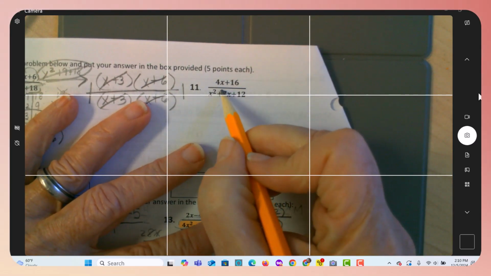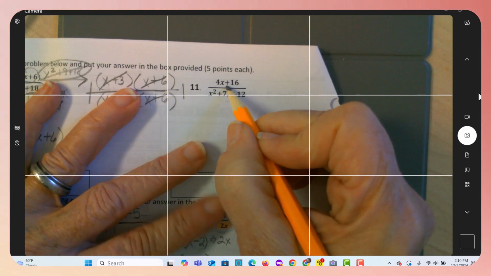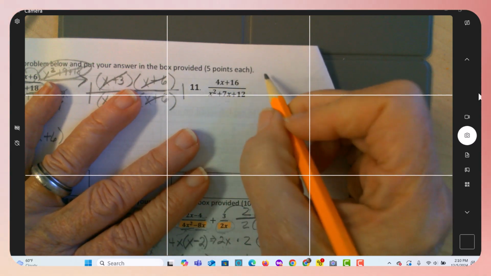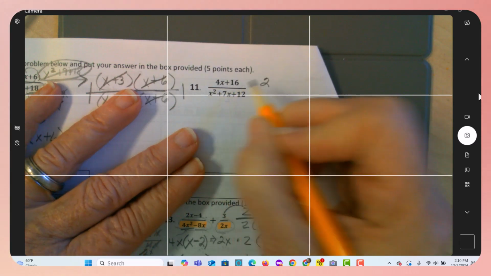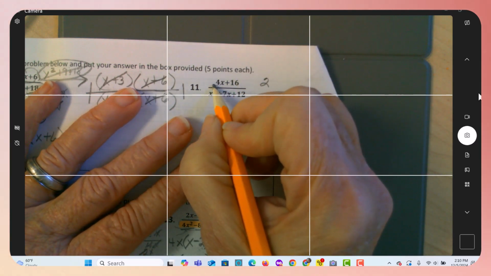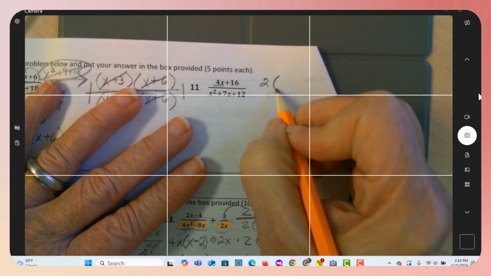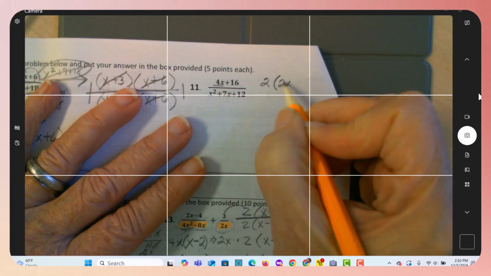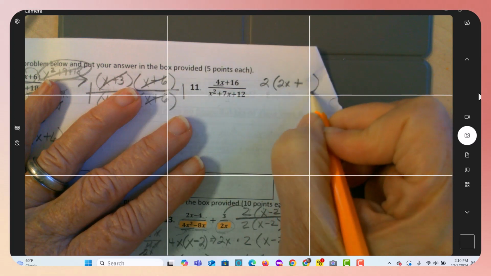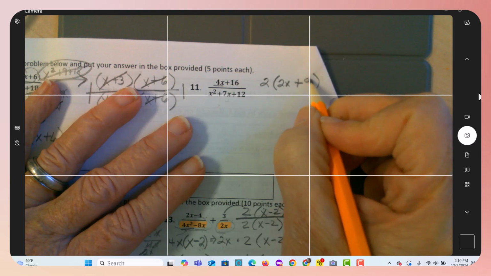All right, so for number 11, we're going to factor the numerator, and I can see that I can divide out a 2. But both of these terms don't have an x in them, so I can only divide 2 into 4x, and you're left with 2x. There's a plus in between those terms. Divide 2 into 16, and you get 8.